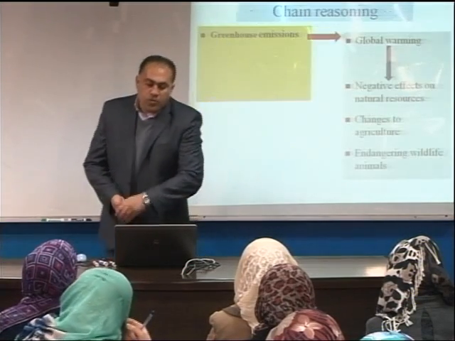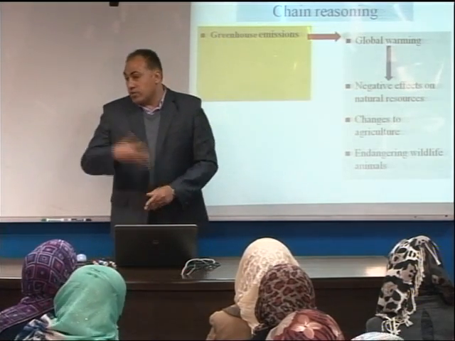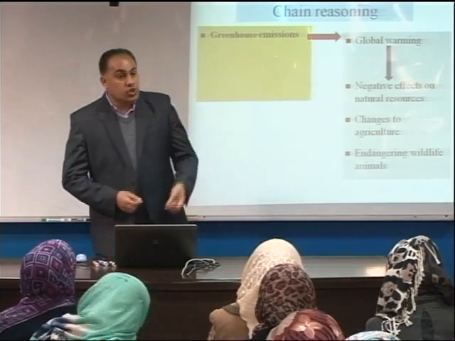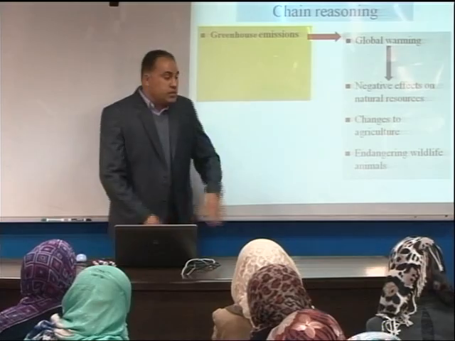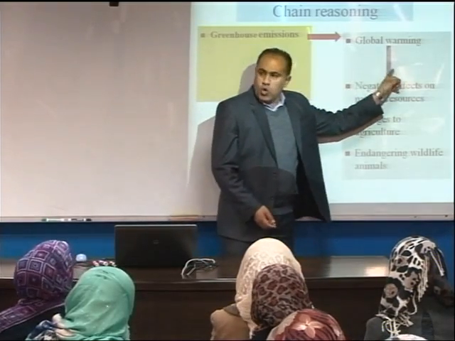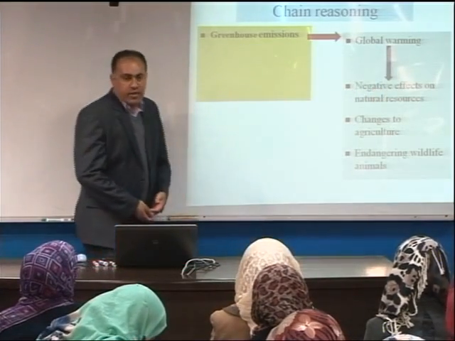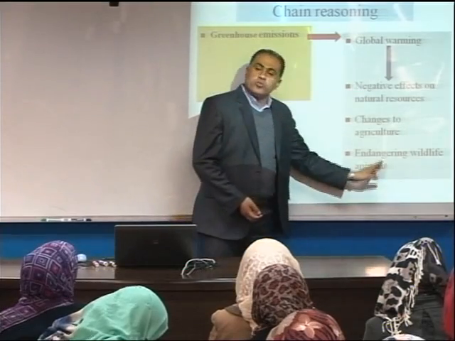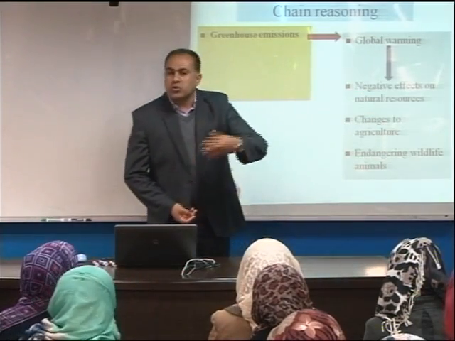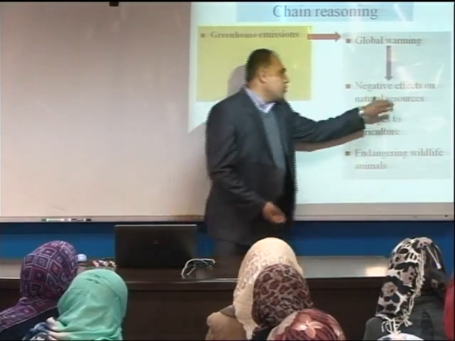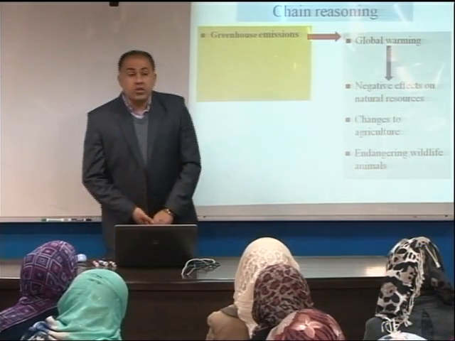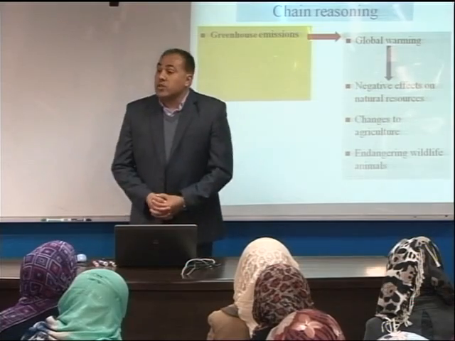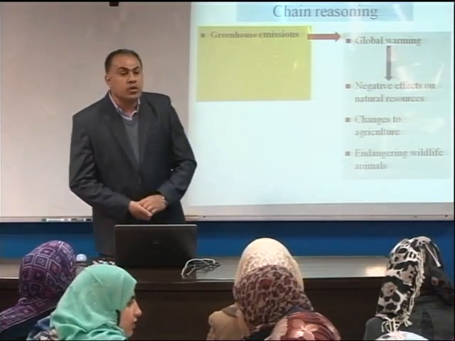All right. And sometimes we have the third pattern, which is chain reasoning. So we have greenhouse emission that causes global warming. This causes an effect, and this effect becomes a cause for other effects: negative effects on natural resources, changes to agriculture, or endangering wildlife, animals or species.